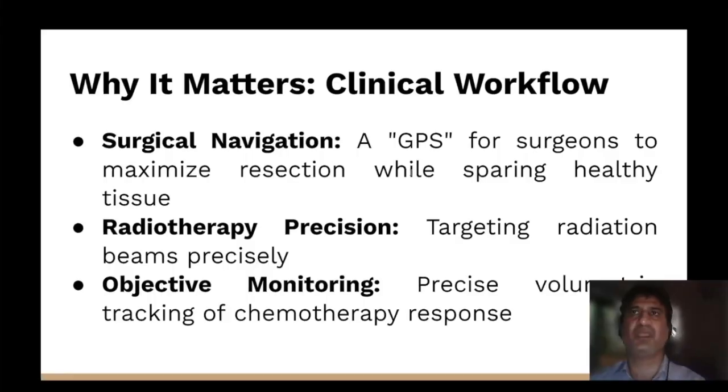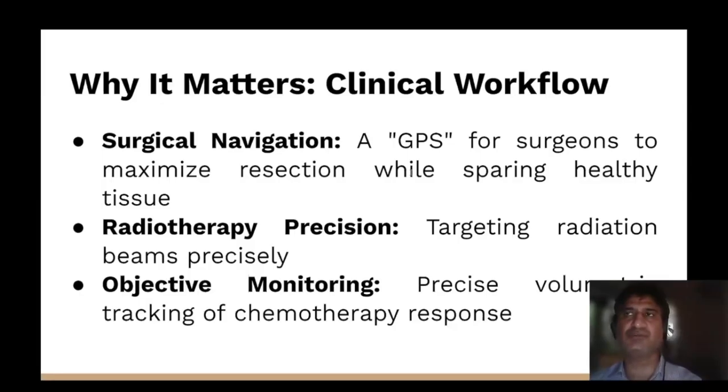Okay, why do we need this pixel perfect accuracy? Think of these segmentation maps as a GPS for a neurosurgeon. It allows them to maximize the removal of the tumor while carefully avoiding healthy brain tissue.